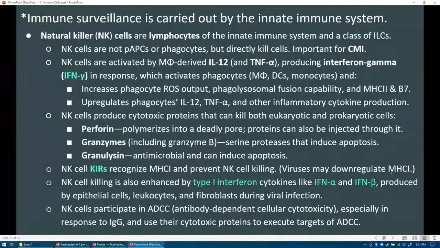So viruses may downregulate the expression of MHC1 on infected cells. And that is a thing that they do because it allows them to evade detection by T cells. However, if a virus was to downregulate MHC1, that means it now has to deal with natural killer cells.